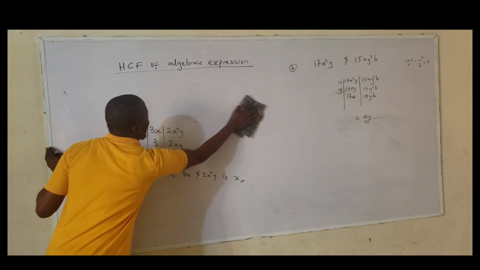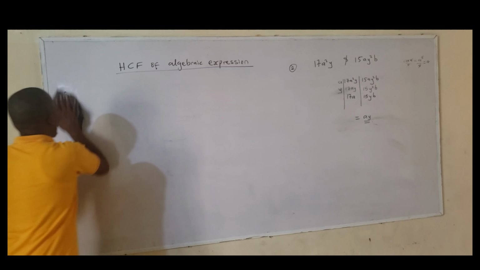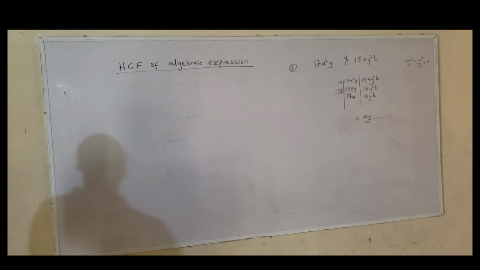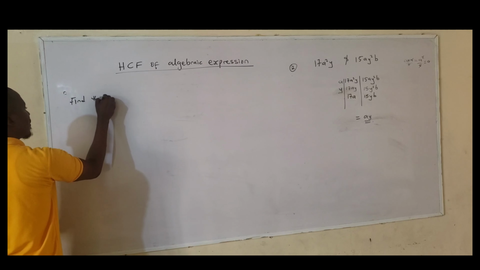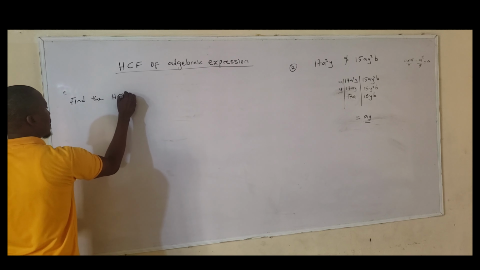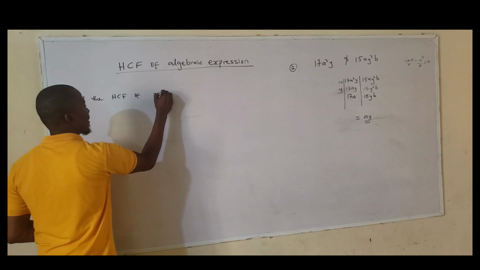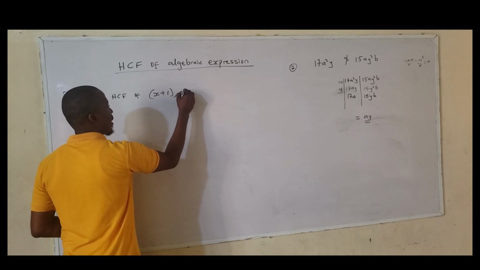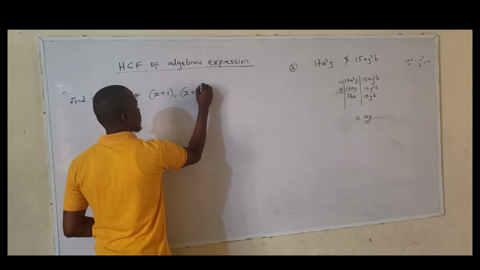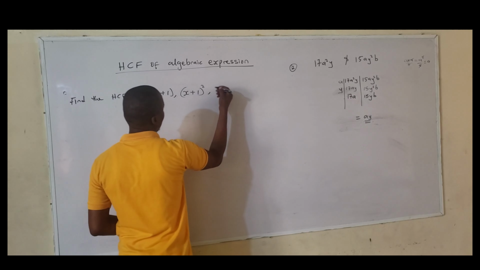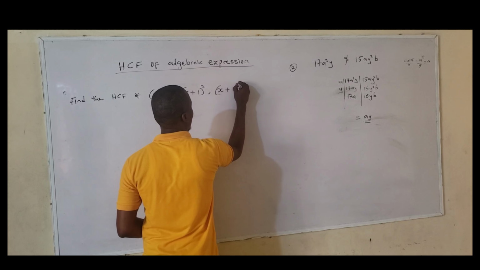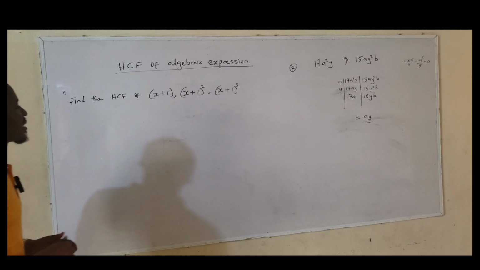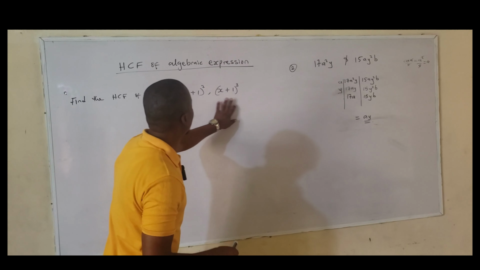Okay, let's wipe this one off. You can be asked to find the HCF of x plus 1, x plus 1 squared, and x plus 1 cubed. So we can be asked to find the HCF of this.